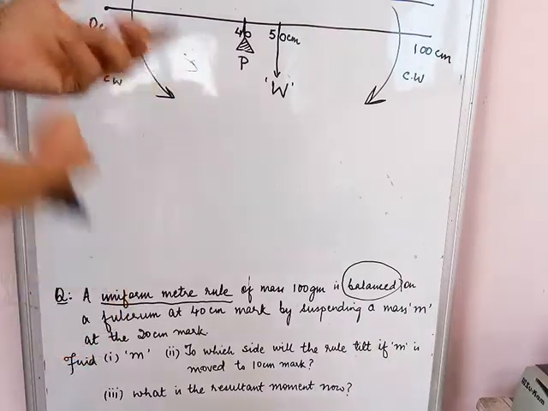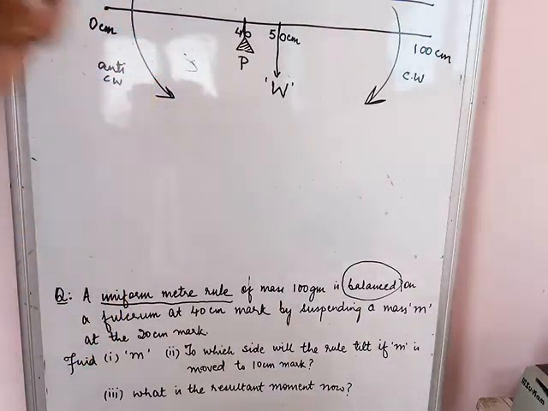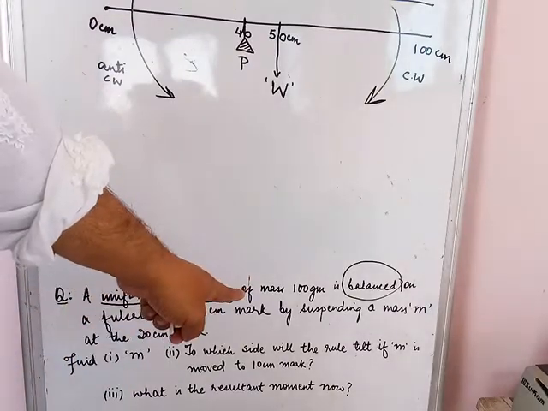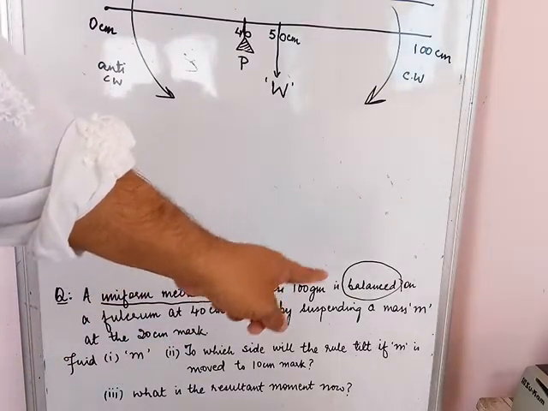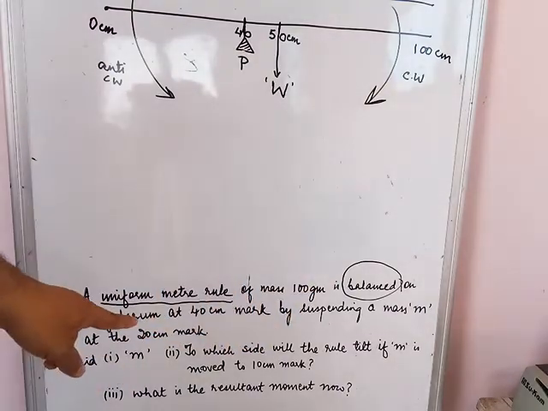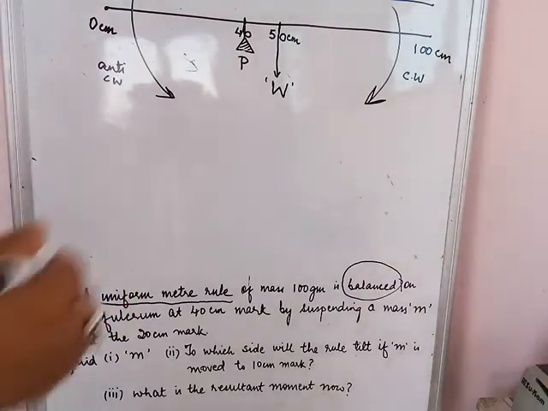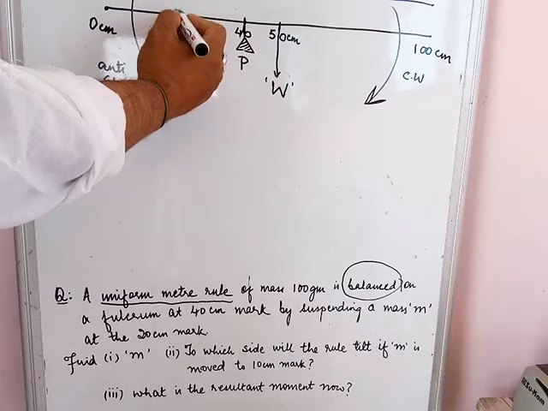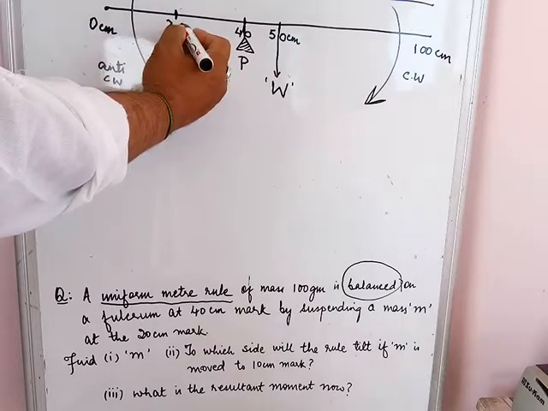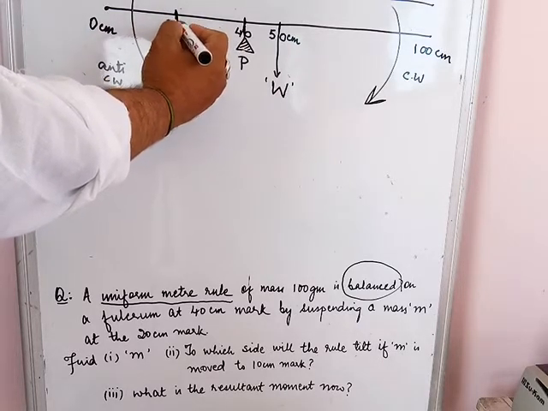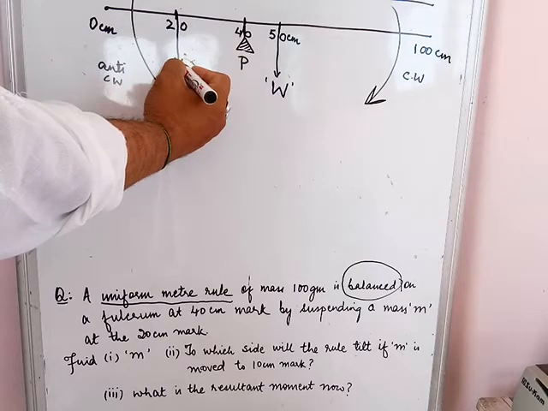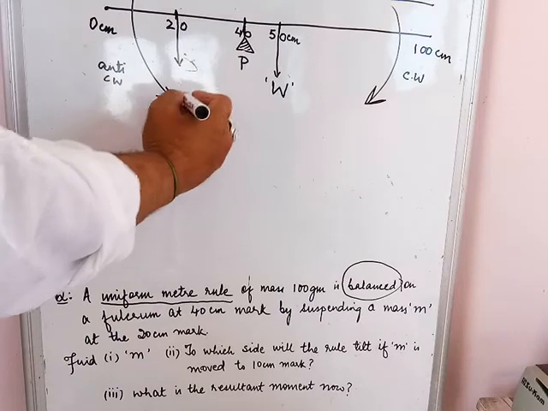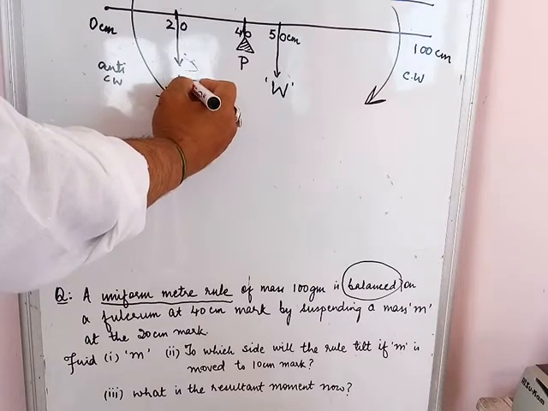So where is that second force that is going to produce this anti-clockwise moment? Please read the question further: by suspending a mass m at the 20 centimeter mark. Supposing that this is the 20 centimeter mark, they are suspending a mass m.